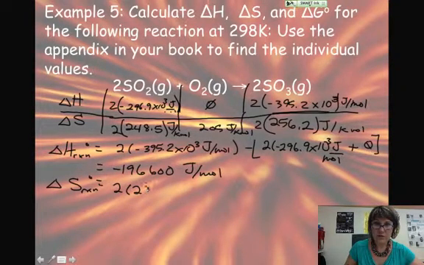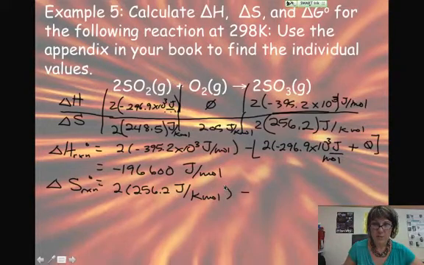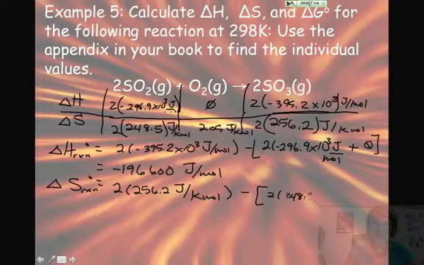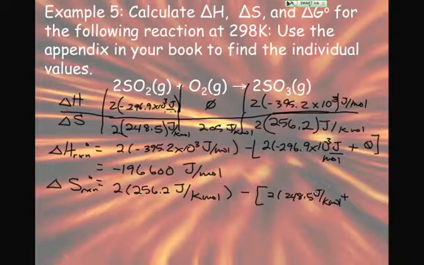So 2 of my sulfur trioxides, that's my products, minus my reactants, so 2 sulfur dioxides, 248.5, plus 1 of my oxygens, just 205 joules per kelvin mole. We'll add those together, and then subtract the products minus the reactants, and I got 189 joules per Kelvin mole.